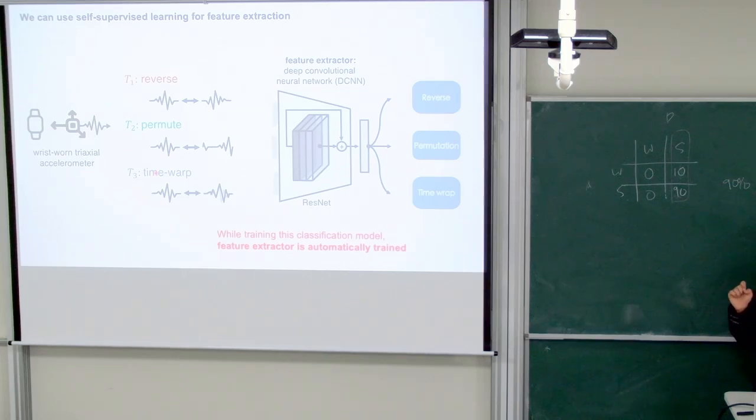But for sleep stage prediction, they only use 1,000 people. The feature extraction uses accelerometer data for 100,000 people. How long is the time series data? 7 days, and they split it into 30-second epochs. Wow, so long.